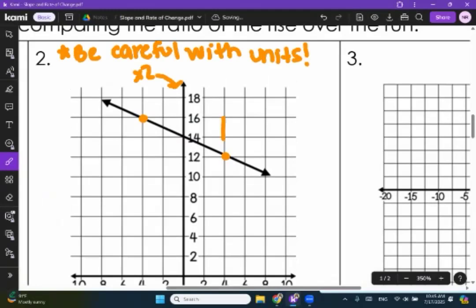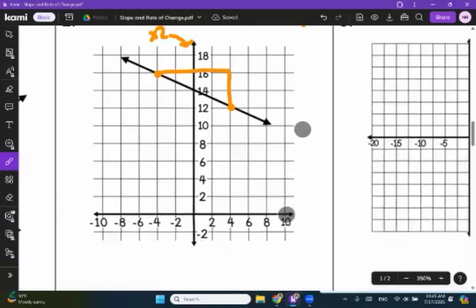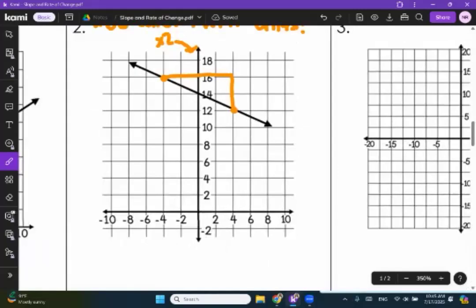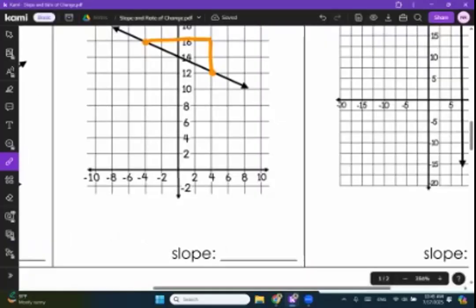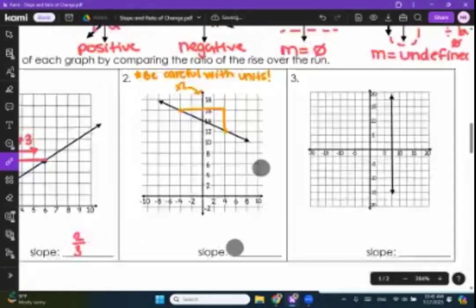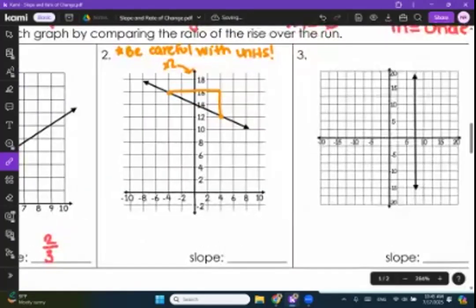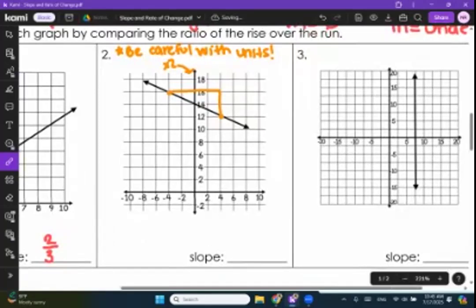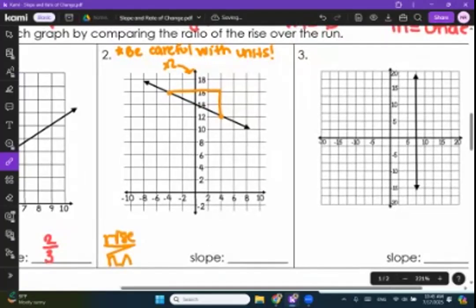Let's draw a right triangle. Right triangle always, always, always goes above the line, not below the line, okay? We're going to find the rise over run.